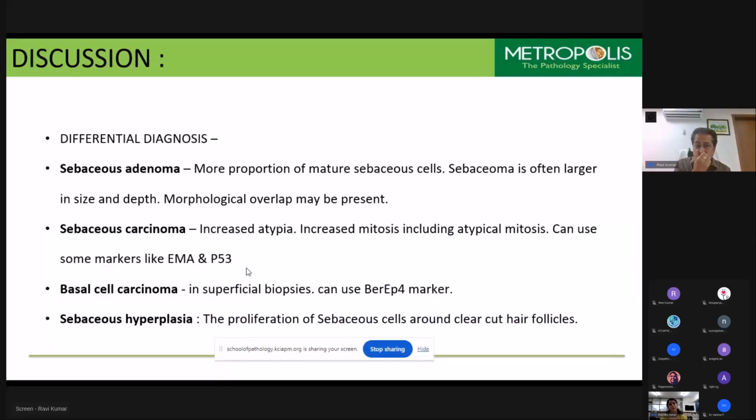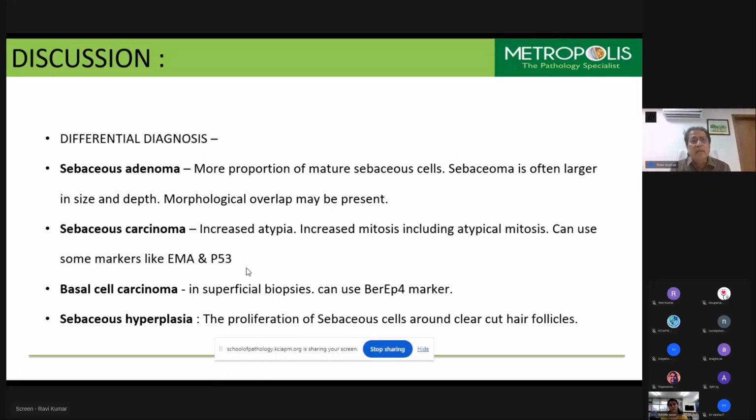Now, coming to the differential diagnosis, yes, it is a clear-cut case of sebaceous tumor, but we have to rule out certain things, like whether we're dealing with sebaceous adenoma, which has a greater proportion of mature sebaceous cells compared to the basaloid cells. That's how the differentiation happens, right?